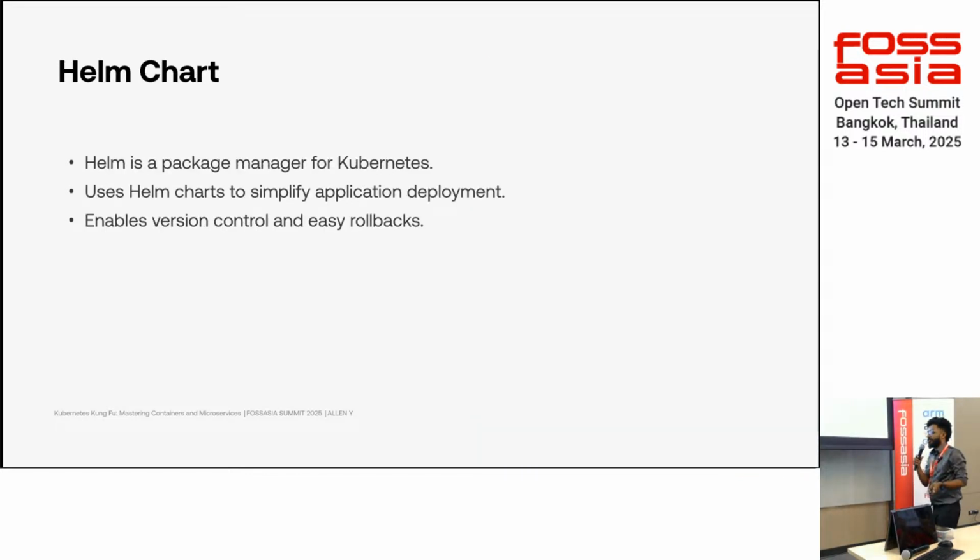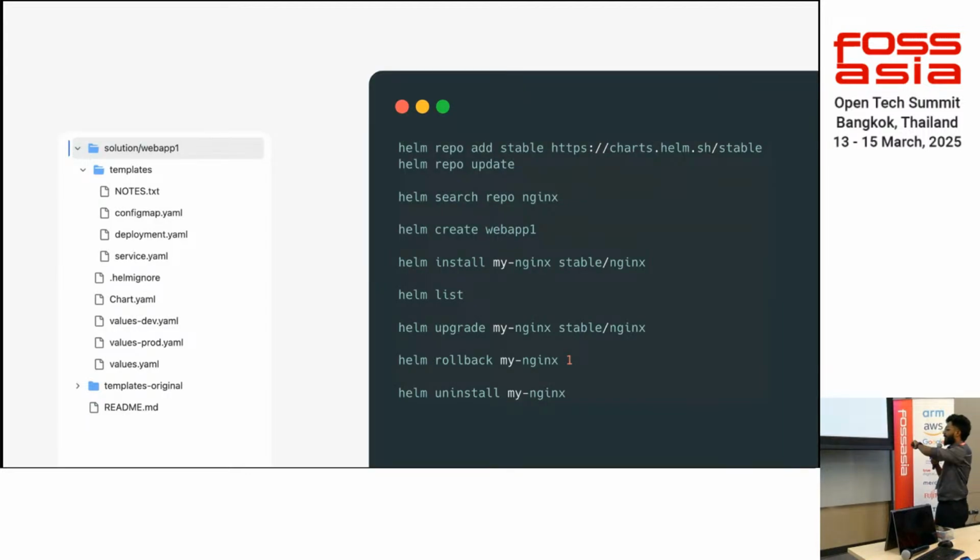And next is Helm. If everyone is familiar with Python, we have pip to manage package dependencies in Python. Similar to that, in Kubernetes we have Helm charts to simplify application deployment, and Helm is the package manager for Helm charts. So what does a Helm chart do?